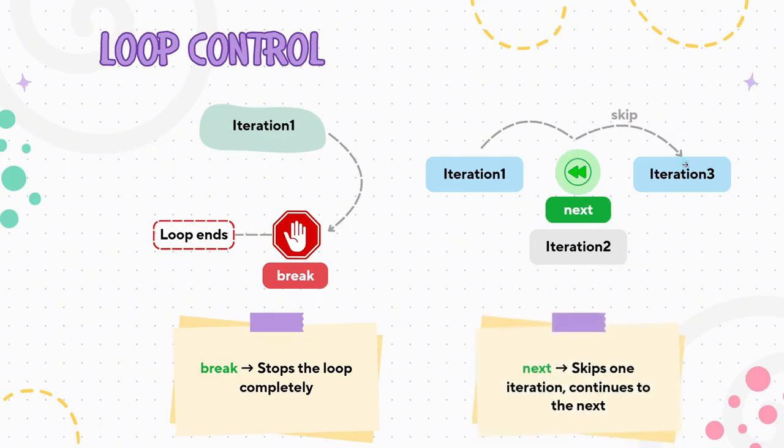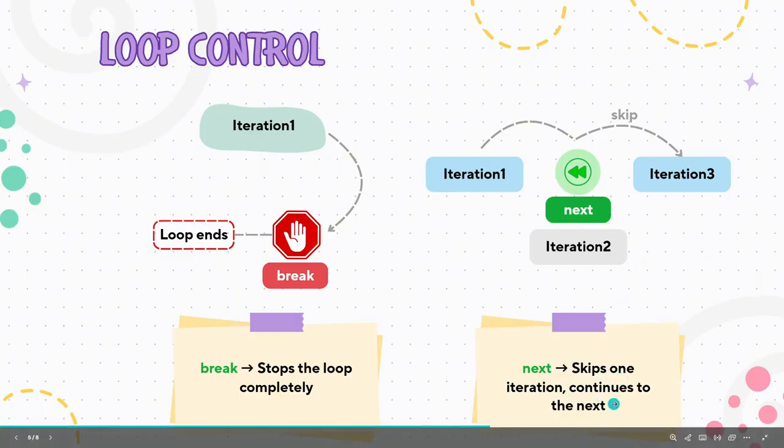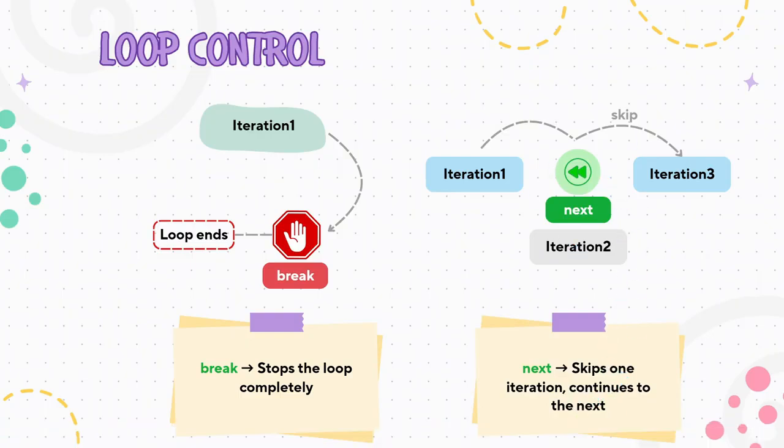It skips one iteration and continues to the next, hence the next keyword. So these keywords are used in order to control loops. And I know the theory might sound a bit confusing, but we will be using these practically inside our practical demonstration, which is going to happen right now.